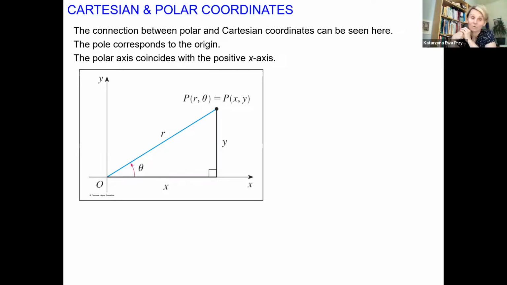Please give me any equation using x, y, theta, and r. I think all of the equations we will get from that right triangle. Any theorem, anything. Who can give us the equation?